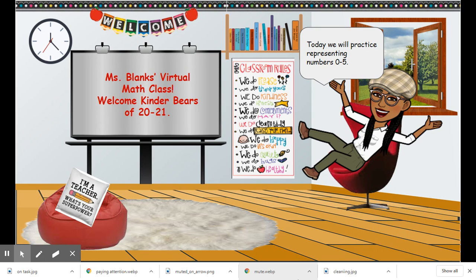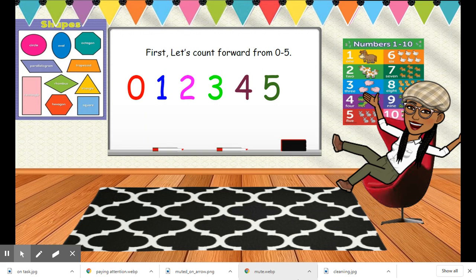So today we will practice representing numbers 0 through 5. And representing just means showing how many. Okay. So before we start, let's go ahead and count forward from 0 to 5. Ready? 0, 1, 2, 3, 4, and 5.